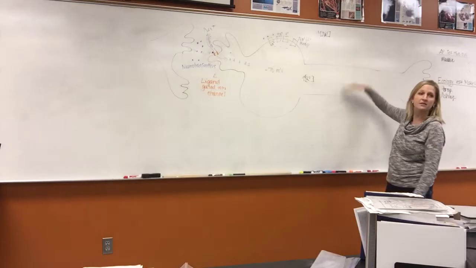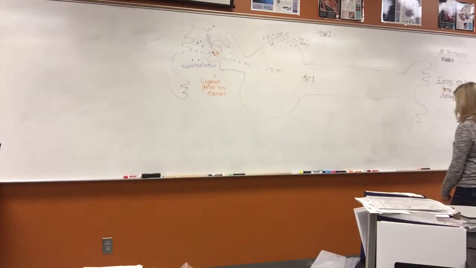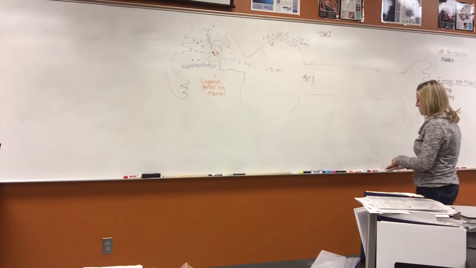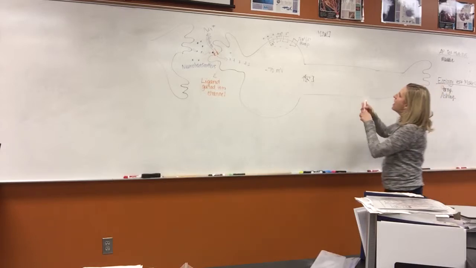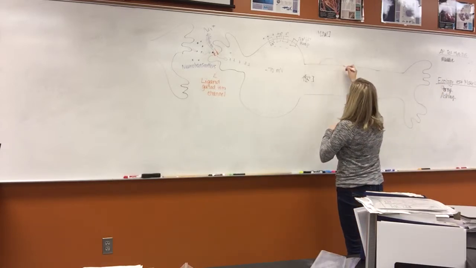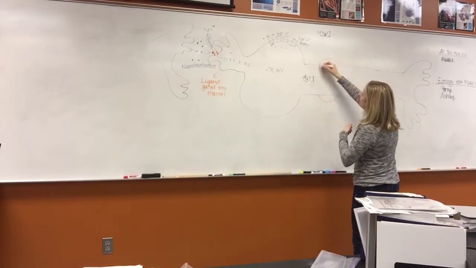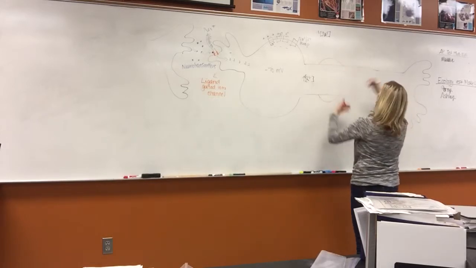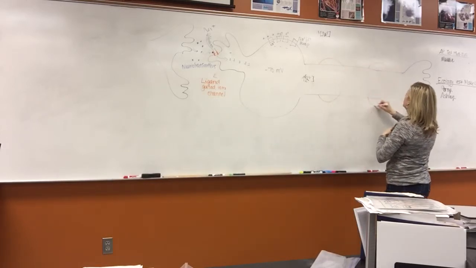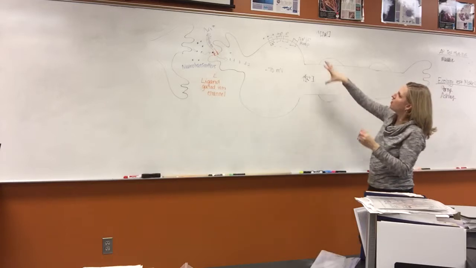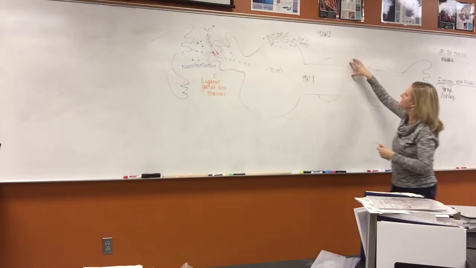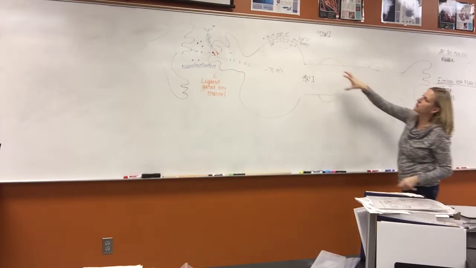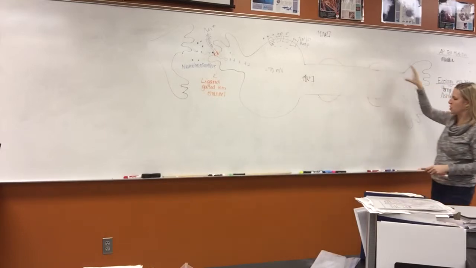Remember the Schwann cells that create the node? I don't have those drawn in there. So I'm going to draw a Schwann cell here. It'd go around the whole thing here, and another Schwann cell. So I'm going to say that this is a node, this is a node, and this is a node. At the node of Ranvier, the axon is exposed.